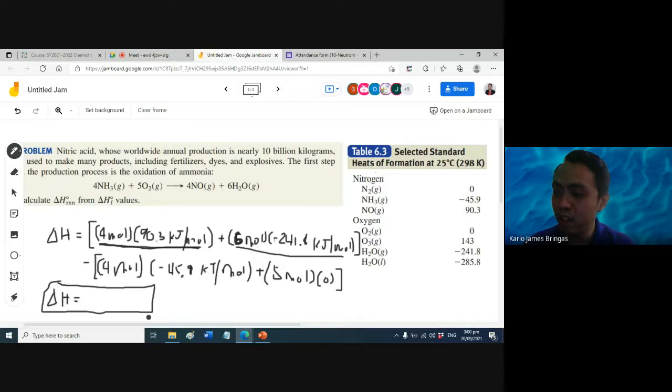So anyone who's already computed the value of delta H for this one? So Vea has her answer. So how about the rest?